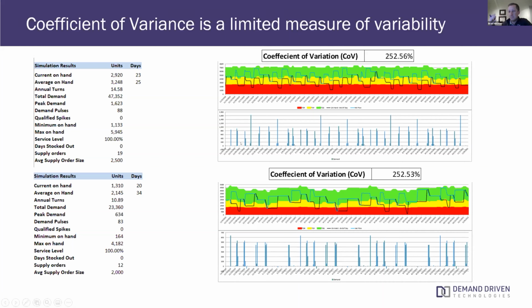And you can see I've got some spikes, but really regular demand throughout the year. And it gives me a COV, or coefficient of variance, of 252%. Another item that has a much different demand pattern in the way that demands are grouped together at one time throughout the year, it results in the same COV.